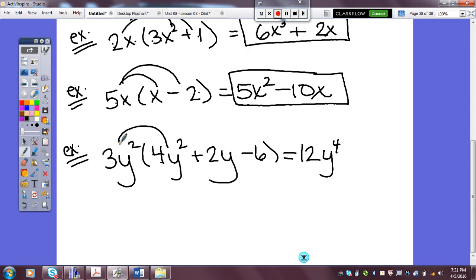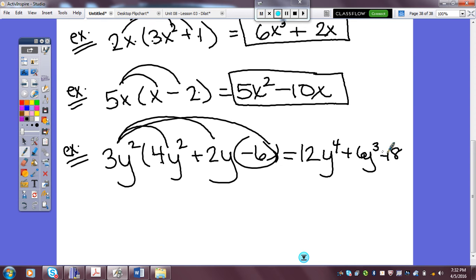Now let's distribute 3y squared to 2y. 3 and 2 make 6. y squared and y make y cubed. 3y squared and negative 6. Well, 3 and negative 6 make negative 18. Can y squared be multiplied with anybody over here? Nope, so y squared. And I'm done.